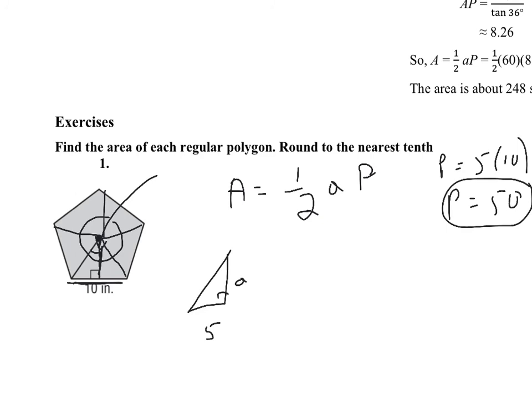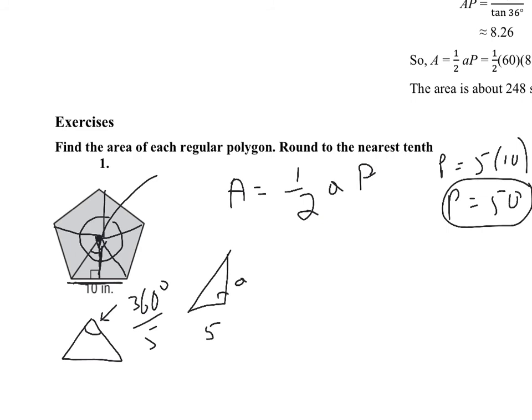So if it's 360, I can divide by 5 and find the measure of this angle. 360 divided by 5 is 72.